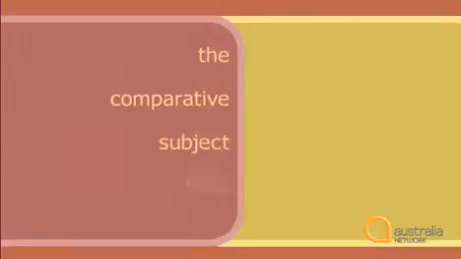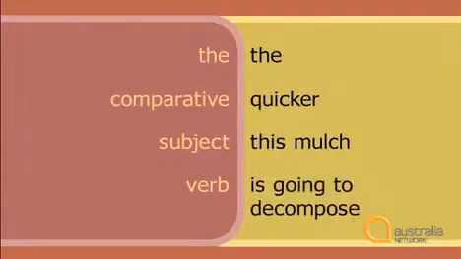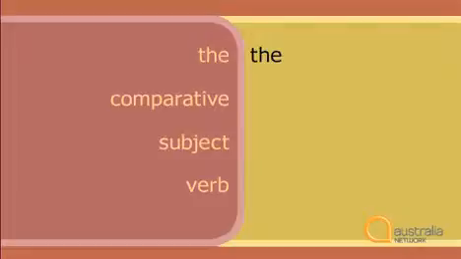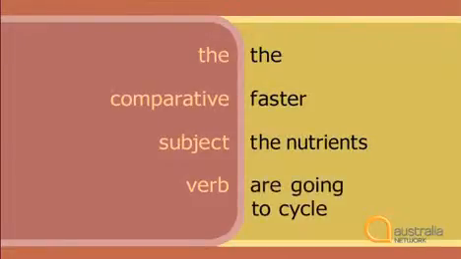The form is the plus the comparative plus the subject plus the verb. Tracy said, the quicker this mulch is going to decompose. Then, using exactly the same grammatical structure, she added the complementary statement. The faster the nutrients are going to cycle.